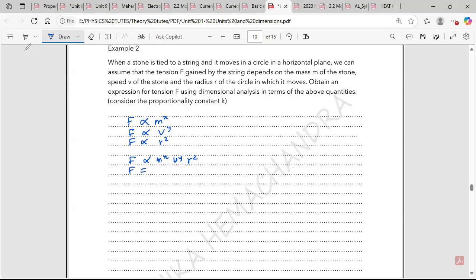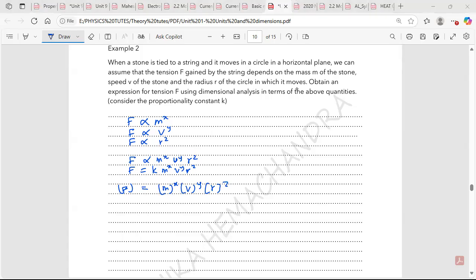F equals k times m^x v^y r^z. Now we just have to equalize, no? Dimensions of F is equal to dimensions of m to the power x, v to the power y, and r to the power z.